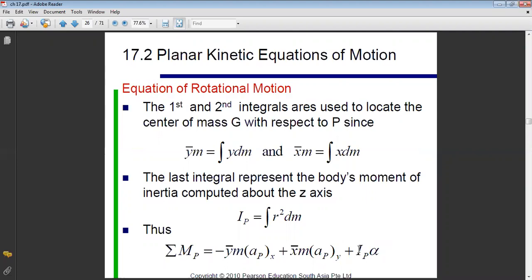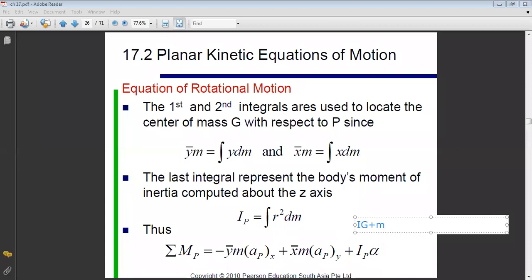How to do this? First, to get rid of IP, I apply the parallel axis theorem. From the parallel axis theorem, I can replace IP by IG plus M times PG square. So all I have to do is to find what is PG.